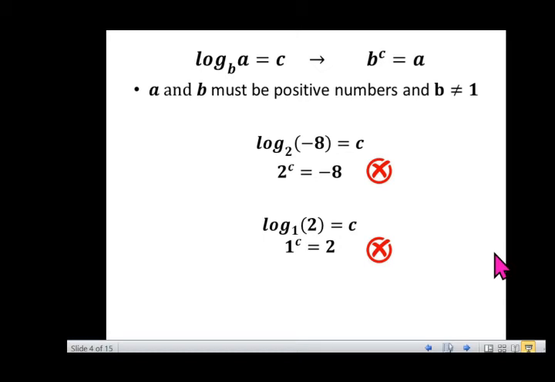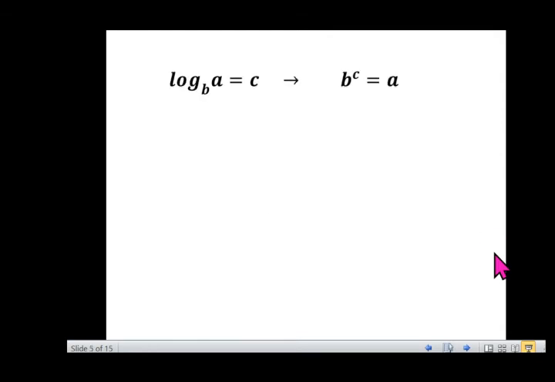Before we proceed to our examples, let us first have a review of how we are going to rewrite logarithms to exponential form. Take note that in our logarithm, the variable b, or the base of your logarithm, will become the base of your exponential.